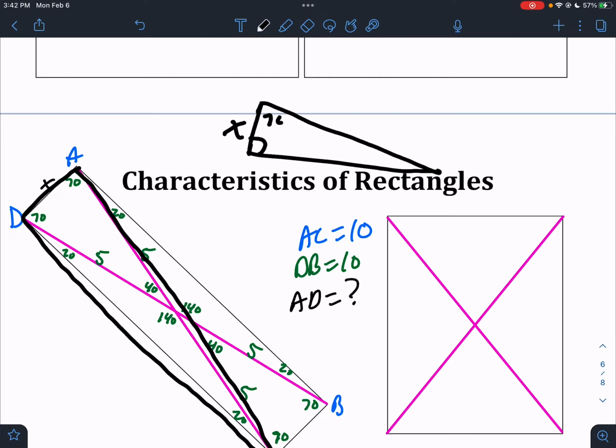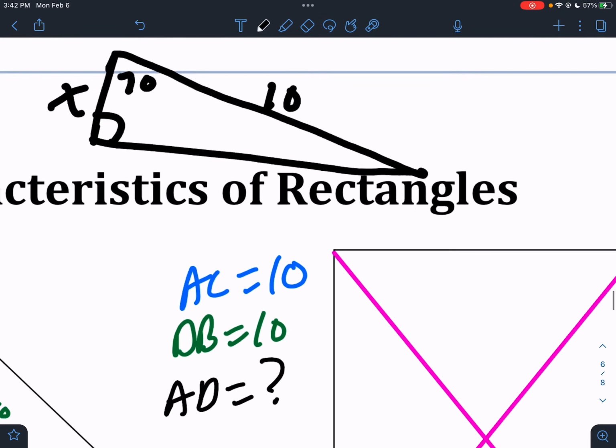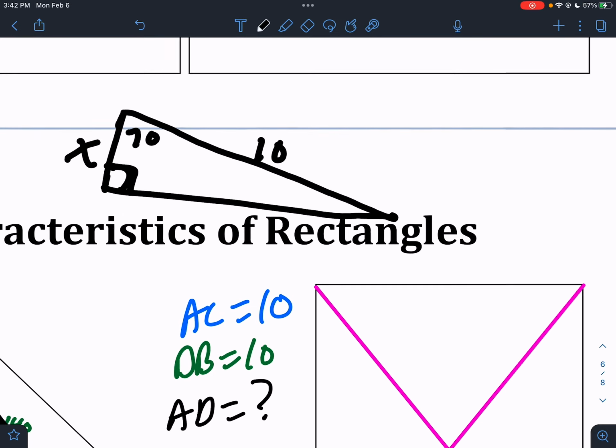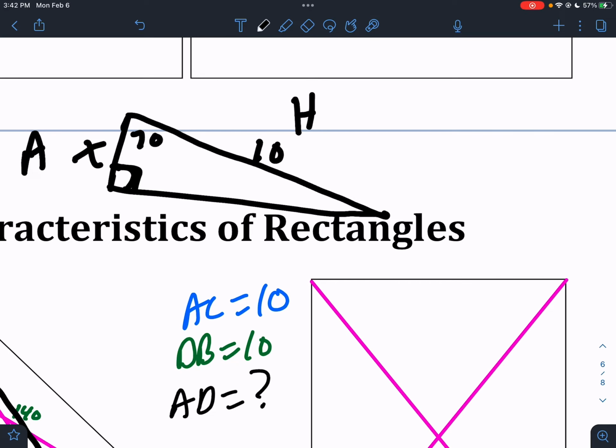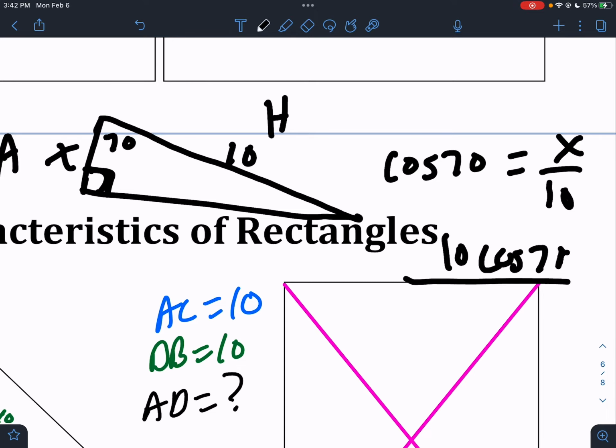We know that we have 70 at the top, and we know that the hypotenuse is 10. Isn't A to C 10? So now this is a problem from last chapter. If we have a right triangle, this would be adjacent over hypotenuse. So this would be the cosine of 70 equals X over 10. So it'd be 10 cosine 70, whatever that is.